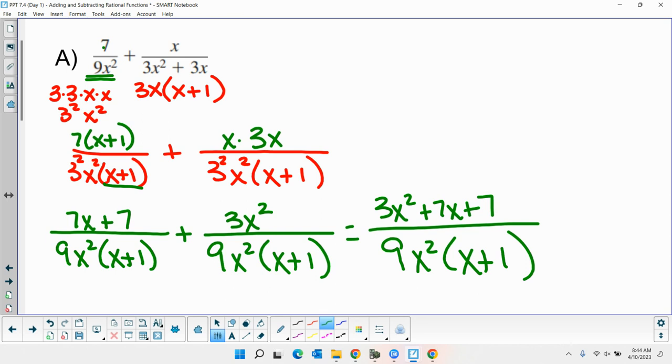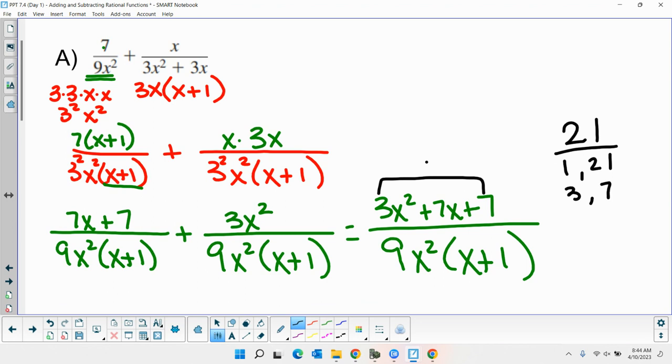Okay? Now at this point, you should try to factor the numerator. Don't factor any numerators until after you add or subtract. So the rule to try to factor this is to multiply those two, which is 21. All right, 21 is 1 times 21 or 3 times 7.